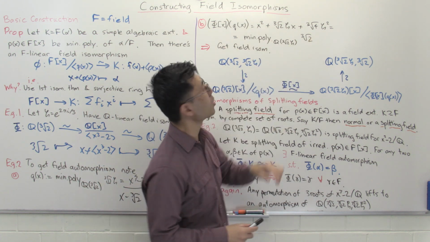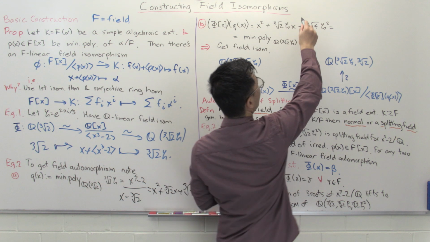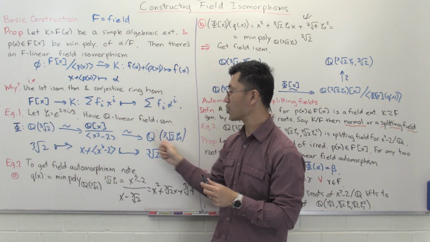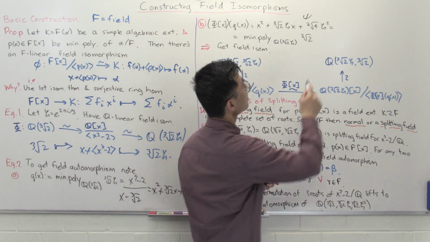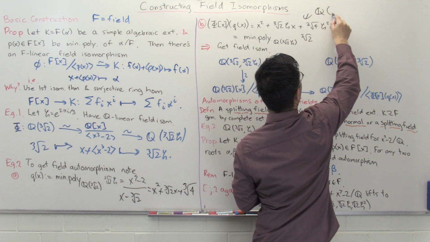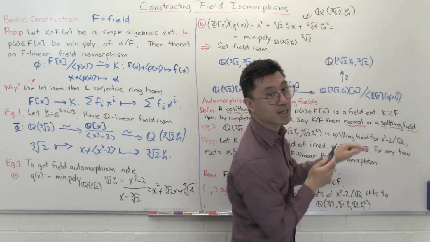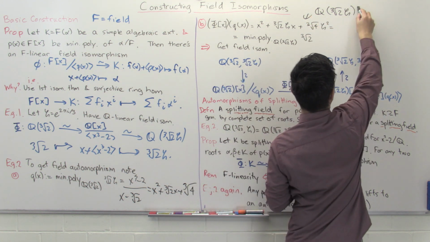And of course, this is a polynomial. Where is the polynomial? Because you applied phi, the coefficients now lie inside here, so it's a polynomial over there.